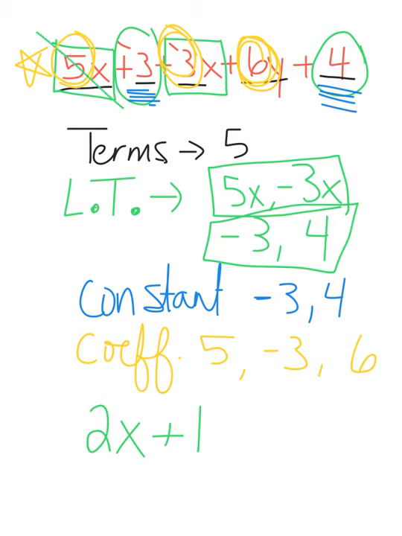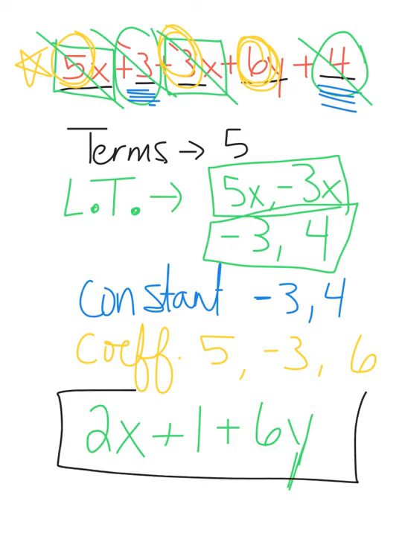There's nothing that I can combine with my 6y, but I can't just leave it off. It's part of my final simplified expression. You've combined all your like terms, and you can't do anything else. No more like terms and no parentheses.